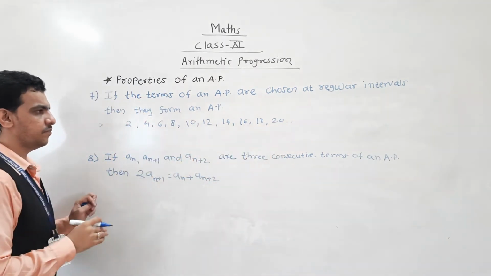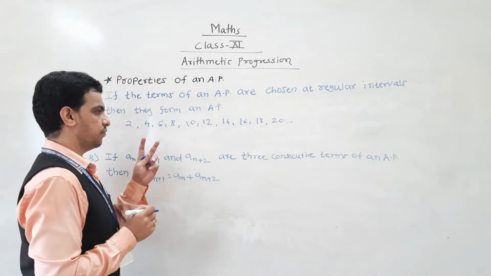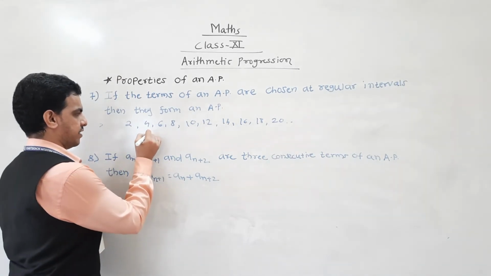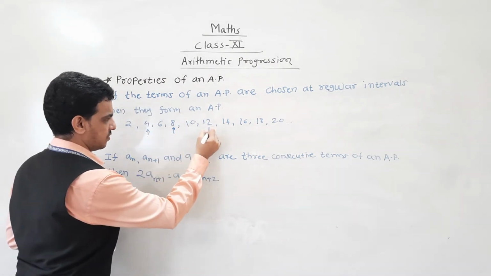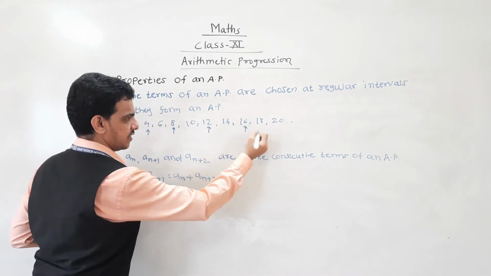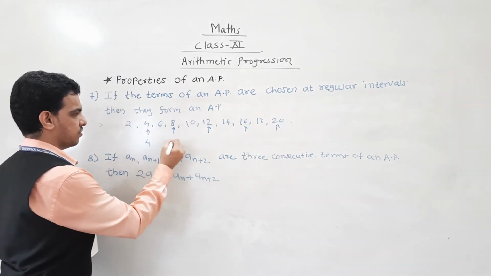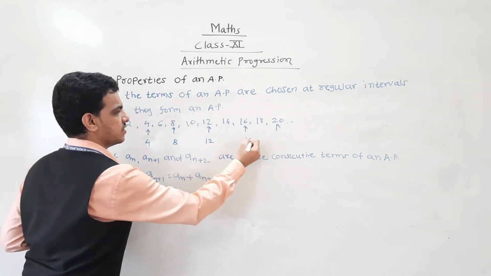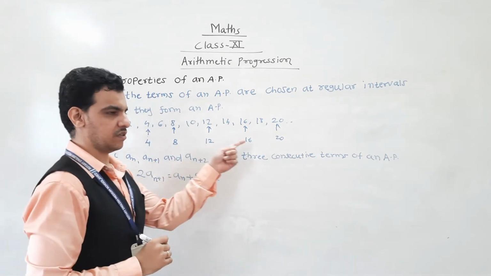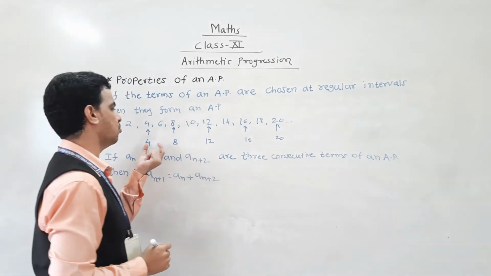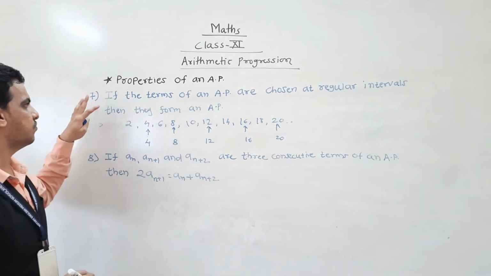Suppose this is an AP, and I take the terms at even places, that is the second place, then fourth place, sixth place, eighth place, 10th place. So I am taking these terms 4, 8, 12, 16, 20. These terms also form an AP. So this is the meaning of this property.